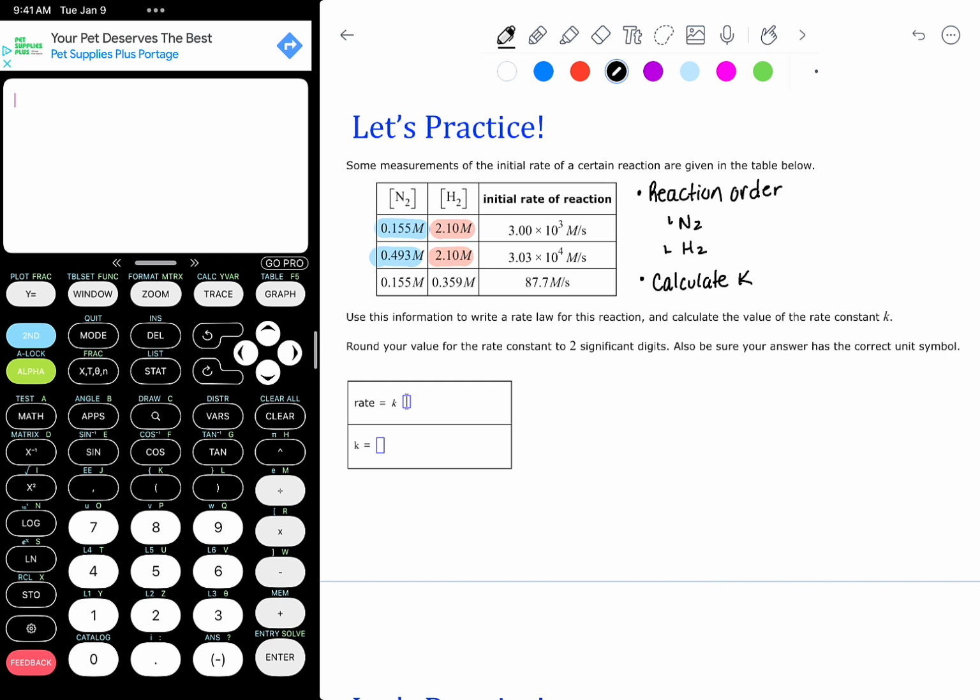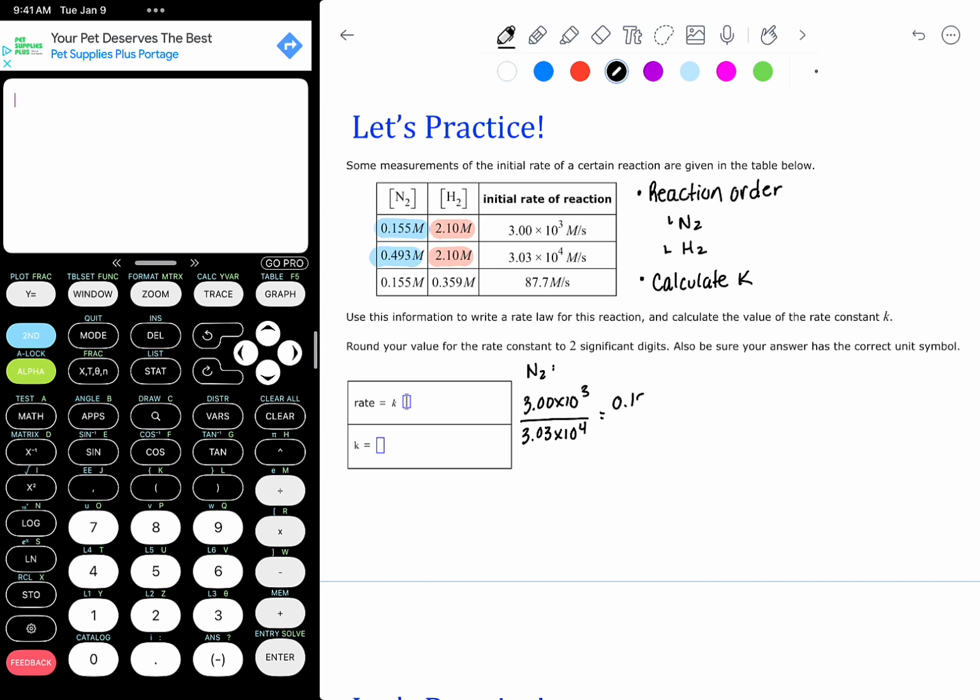So for nitrogen, we're going to take the rate of the first one and divide that by the rate of the second, and set that equal to the ratio of the concentrations.